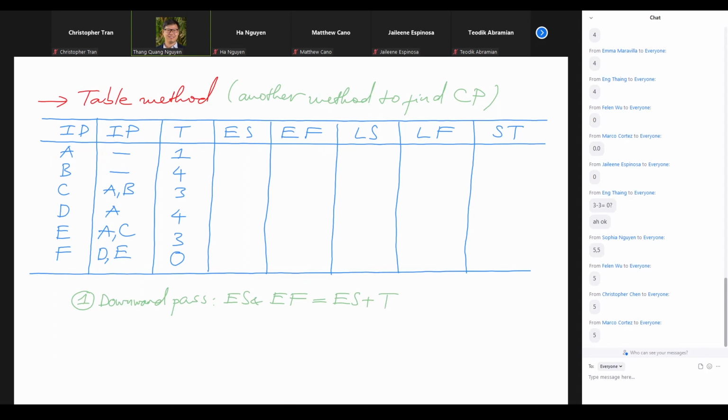This sounds very familiar because we did this earlier with the box array method. In the box array method, we draw it from the left to the right-hand side, so we go forward. But in the table method, we go from the top to the bottom. So that's why we call it a downward pass, right? So that's the first step. The second step is we would go back up, doing the upward pass.